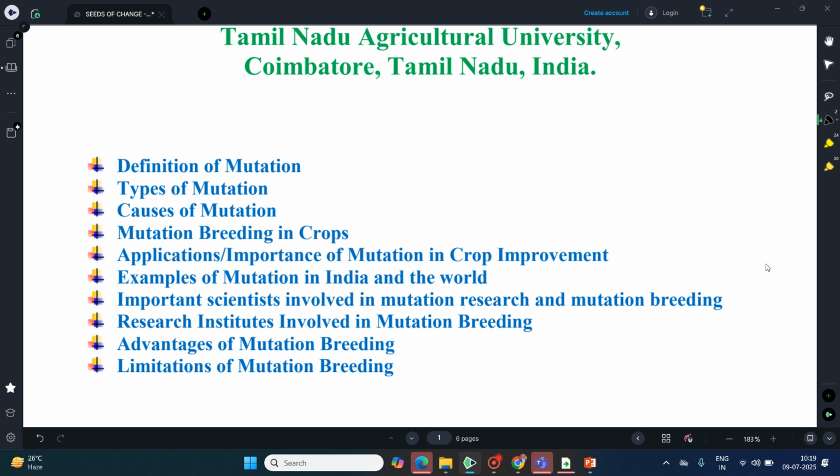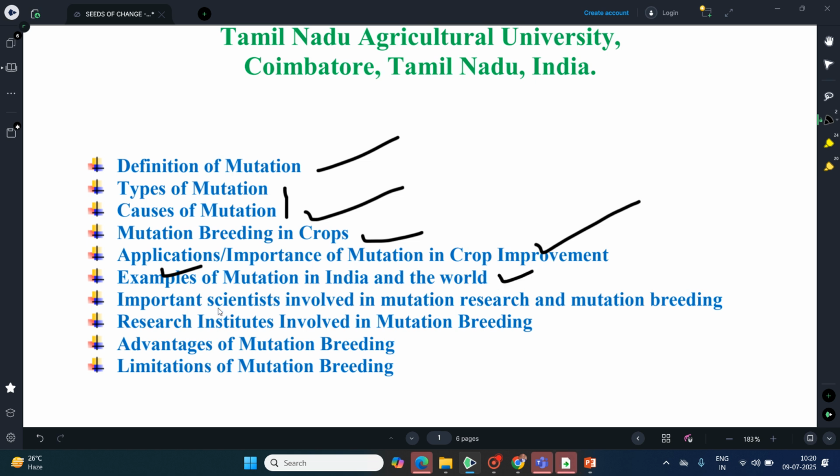Mutation definition, types and causes of mutation, mutation breeding in crops, and mutation application and its importance in crop improvement. Examples, that is the list of varieties released by mutation breeding in India, not only in India but also in the world.